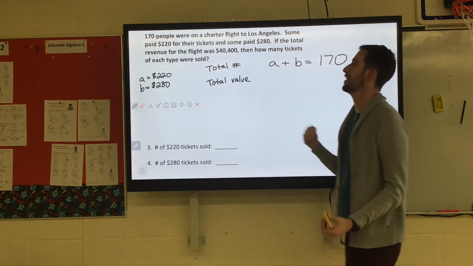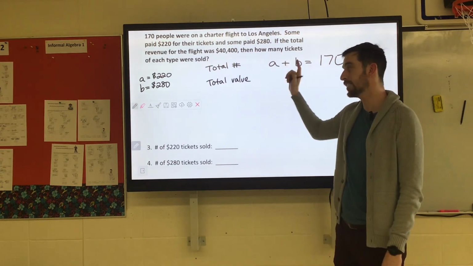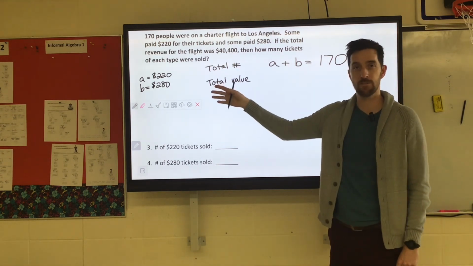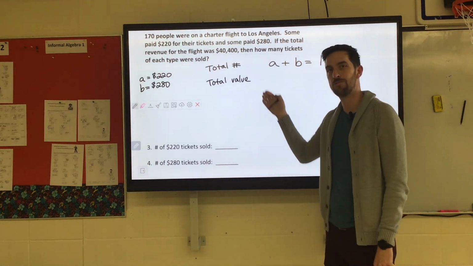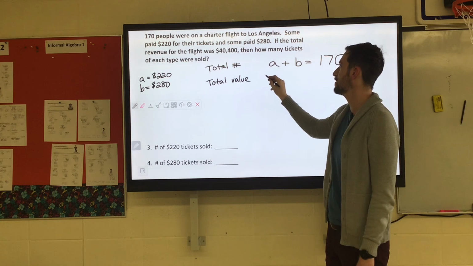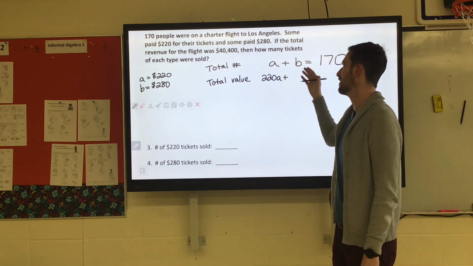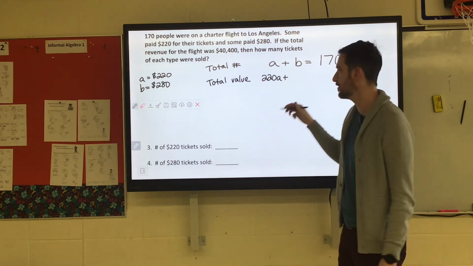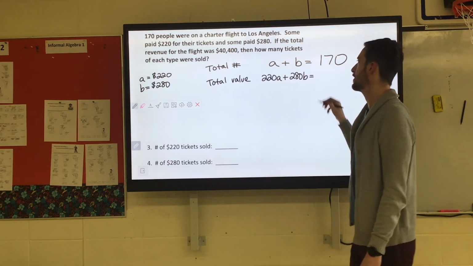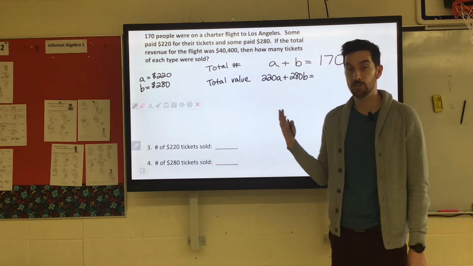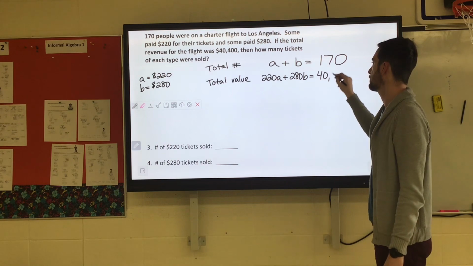So now if we assign a value for our second equation, each one of those A tickets, the company gets $220 for. So if we sold 10 tickets, you'd do 220 times 10. So we're going to set that up as 220A plus the other tickets were $280, 280B equals, and the total amount of money that was generated here was that $40,400.